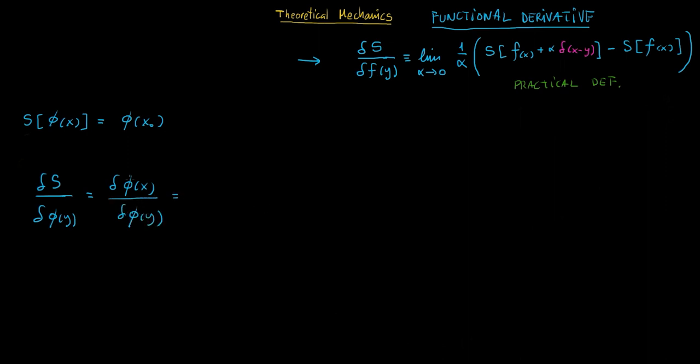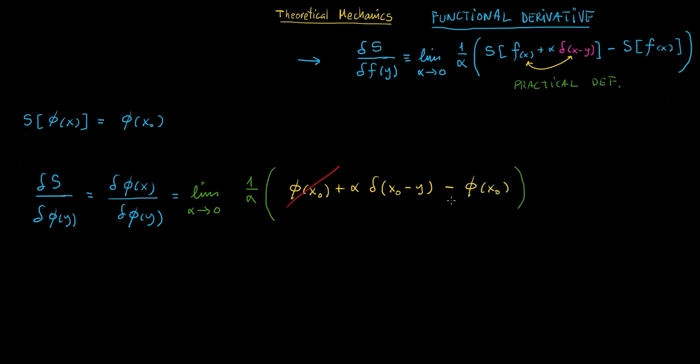Okay, this is the limit when alpha goes to 0 of 1 over alpha, the functional evaluated here, or I mean this guy, plus alpha delta of x0 minus y, because the variable here is the same as the variable here, minus the functional evaluated in the f of x, namely phi of x0.